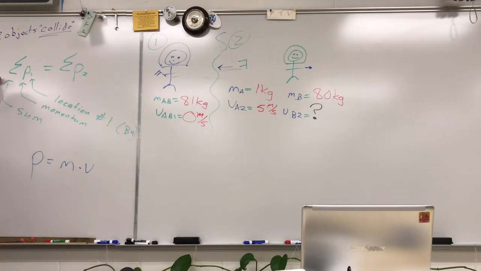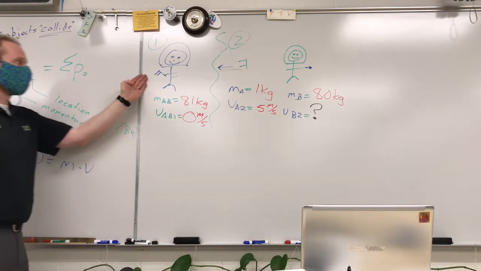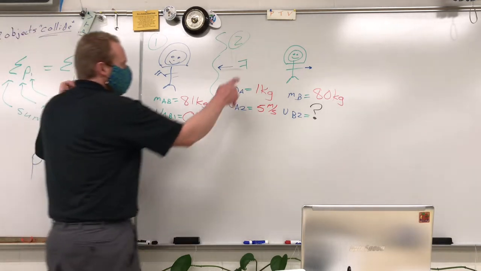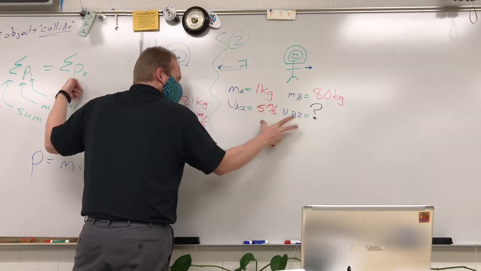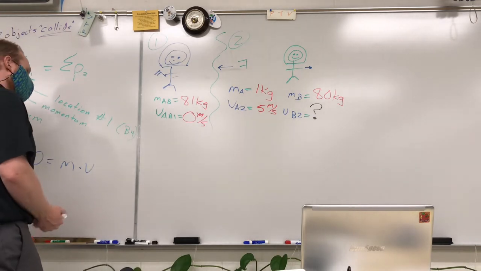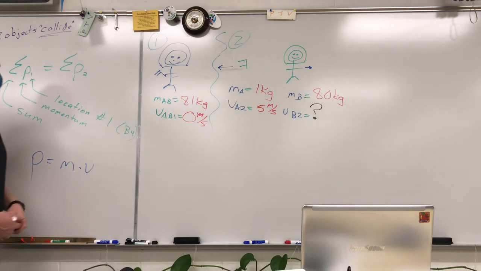The conservation of momentum equation says that the sum of my momentum before the interaction is equal to the sum of my momentum after the interaction. So the idea is if I start with 1 object before, I have 1 momentum. When I end up, I have 2 objects, which means I have 2 momentums that I have to add together. Momentum is nothing more than mass times velocity.